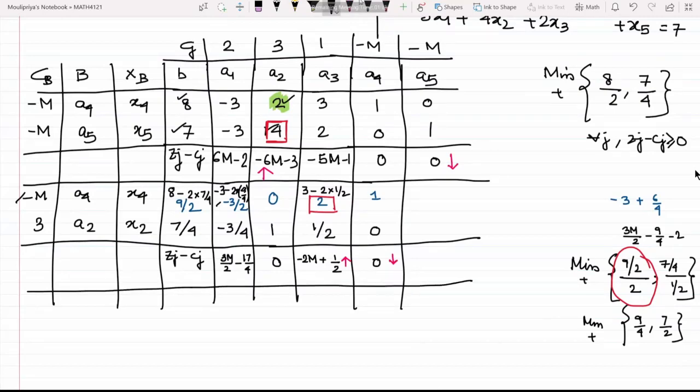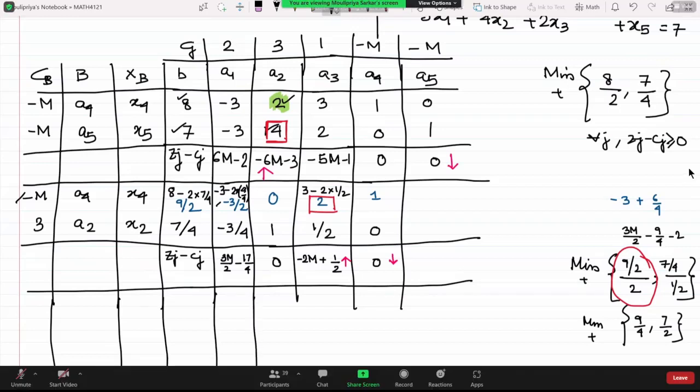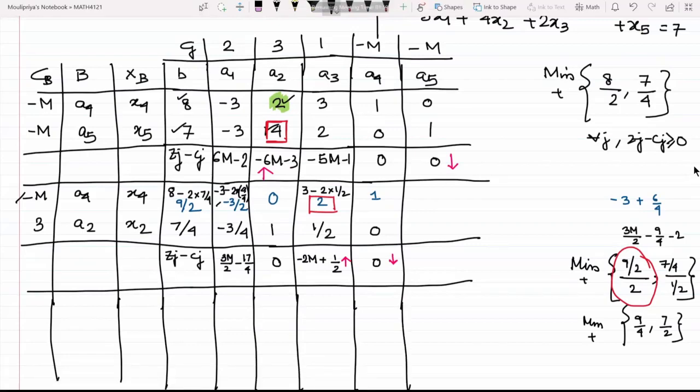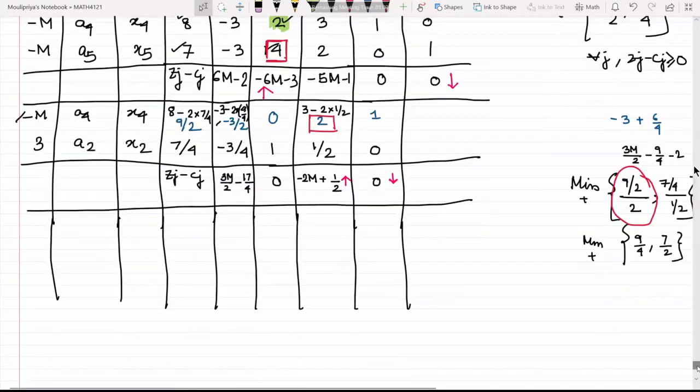Next part would be to calculate. How do we replace A4 right now?